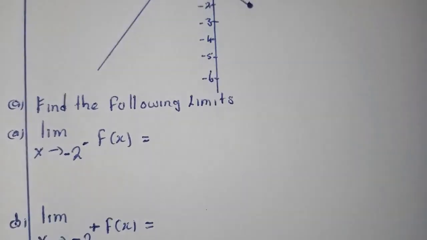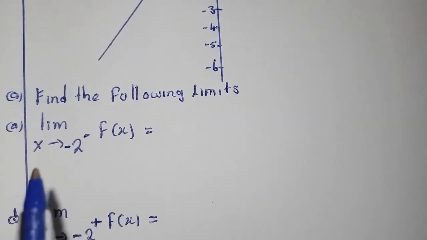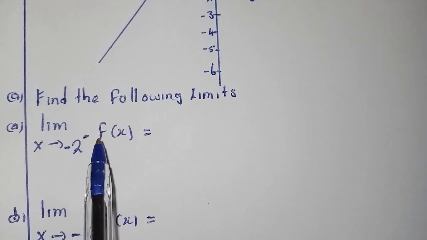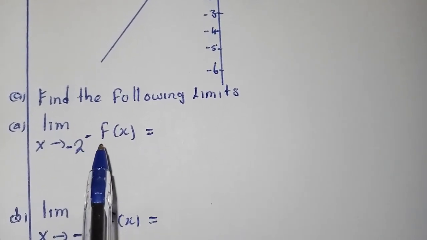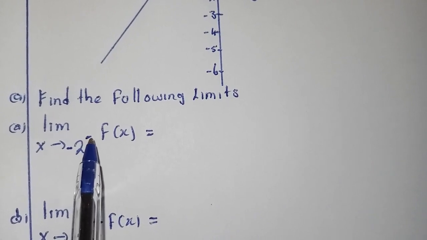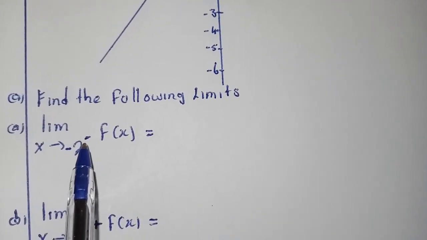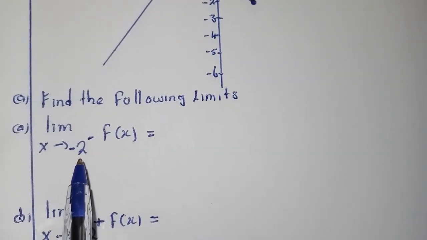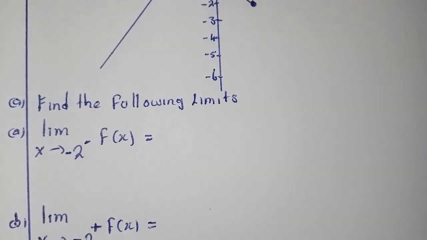So the first one is the limit as x is approaching -2 from the left hand side. So this minus here doesn't mean a negative sign. It simply tells you that you are approaching this limit from the left hand side.